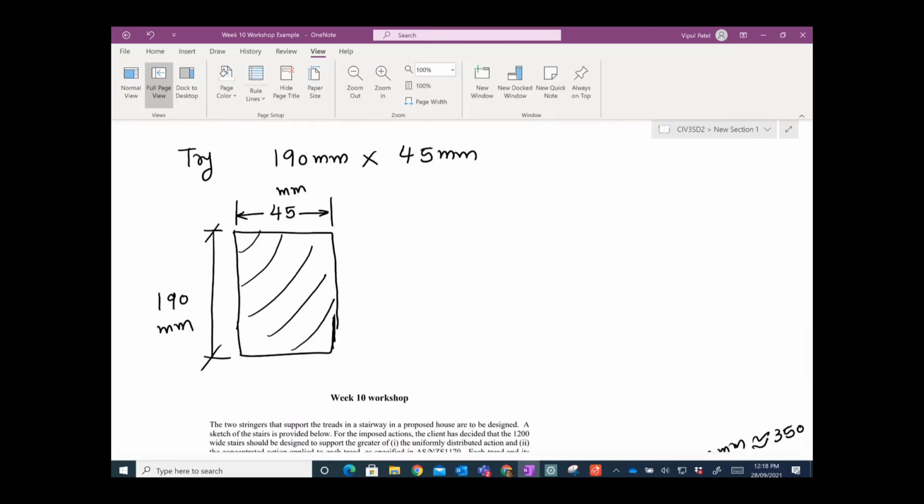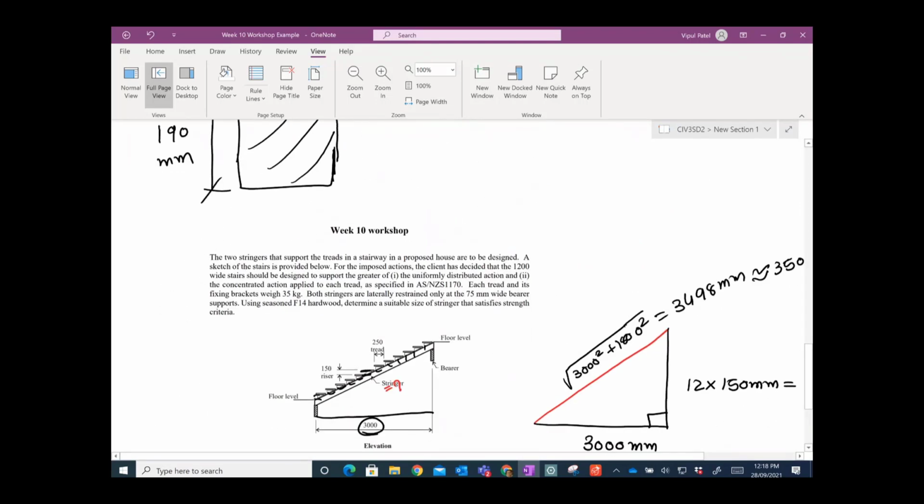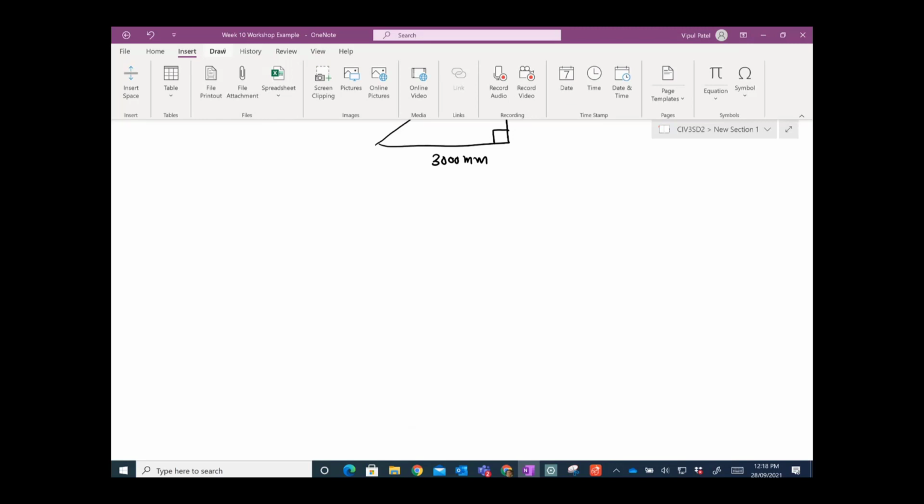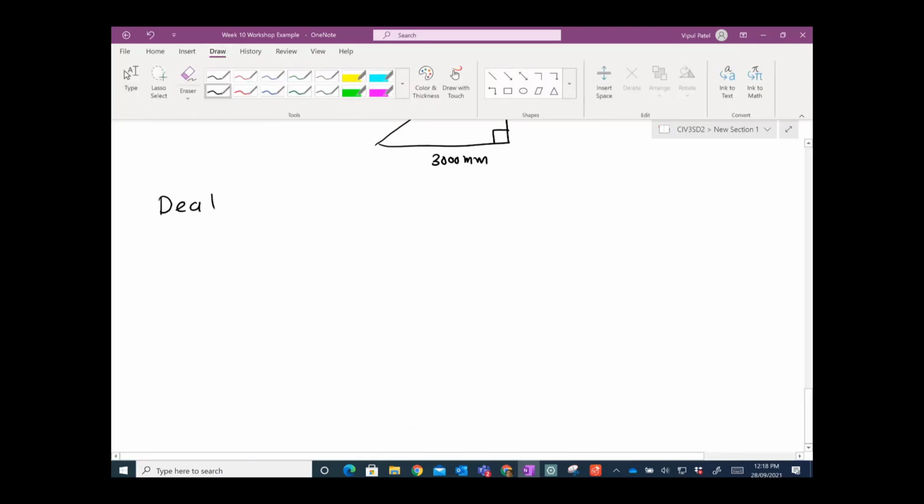Now let's continue with our actions. We need to find our load, our shear force, and our bending moment, because that is what we need to find. Now let's do the one stringer, because we need to first find the dead load, and then we're going to find the live load as well.